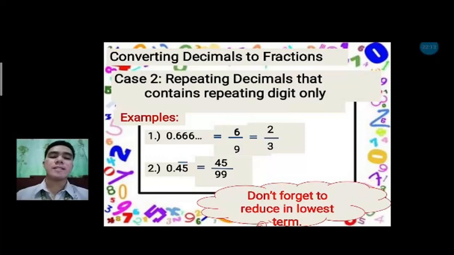Now, let's reduce it to its lowest term or simplest form. So 45 and 99 are divisible by 9. 45 divided by 9 is 5 and 99 divided by 9 is 11. So 0.45 with vinculum is 5 over 11 in fraction form.